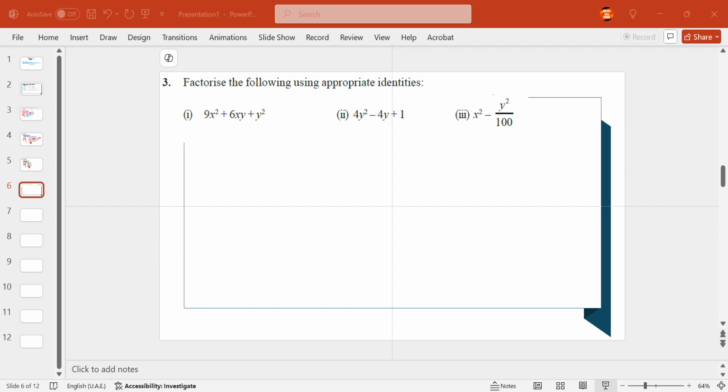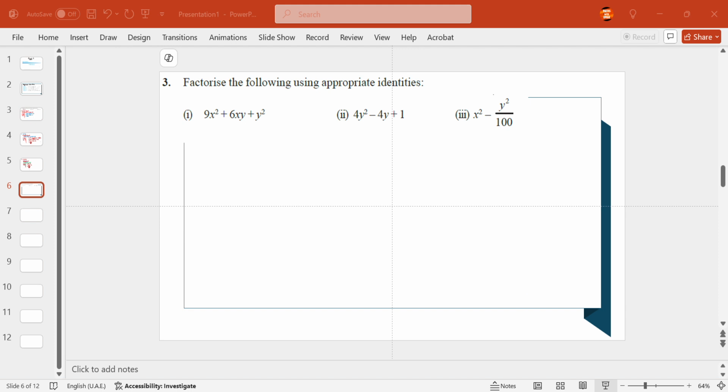In our identities, what is the first term? Square. Last term square. Here also first term square, last term square. Here first term square and last term square, but you have only two terms with negative. And the last one, first term square, last term is a product of factors, and middle term is the sum of factors. This is what we use for splitting of the middle term.